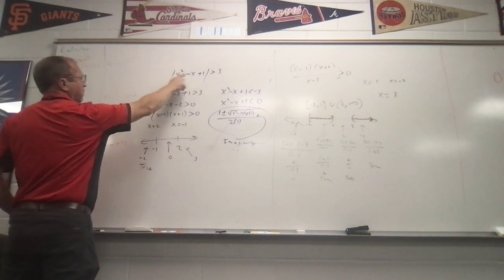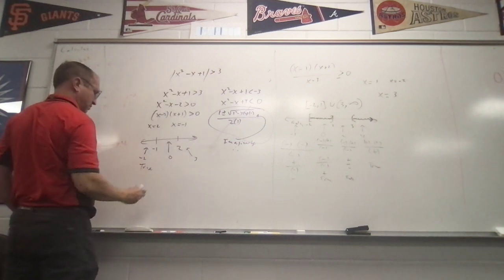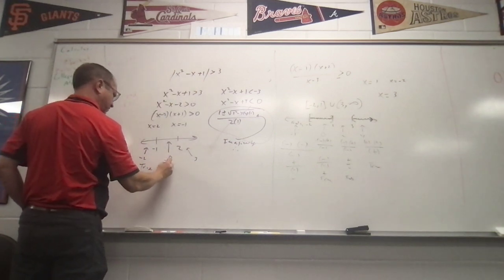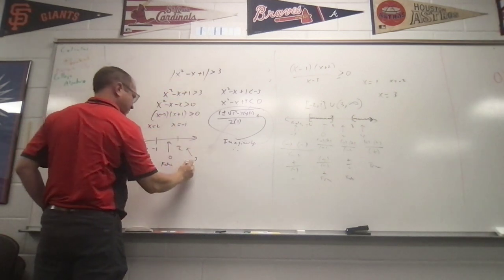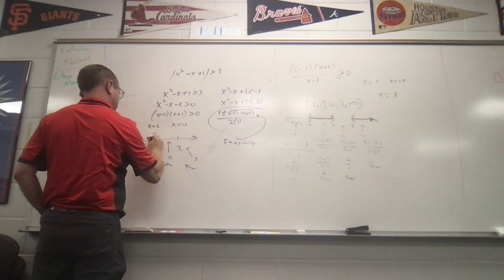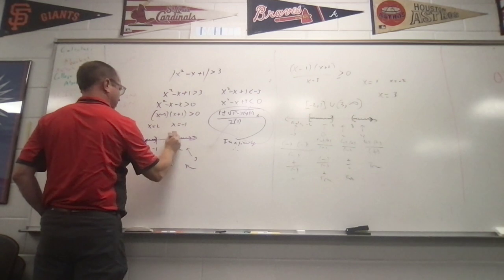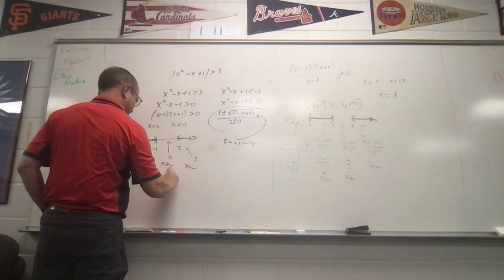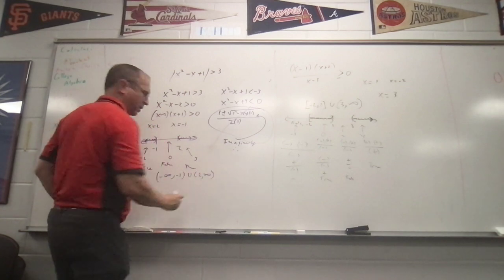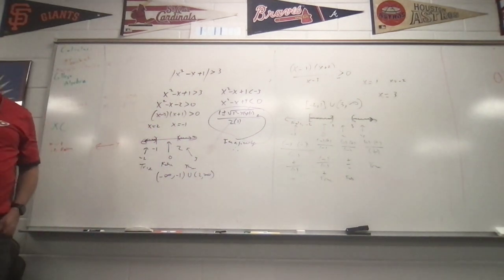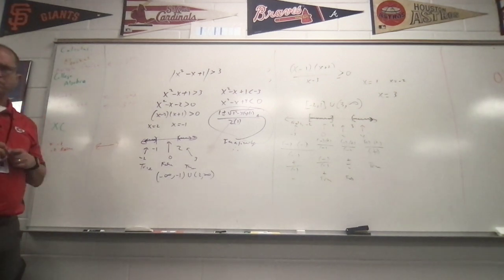All right, 0 minus 0 is plus 1, and then 3, it's going to be 9 minus 3 plus 1, that's positive, so it's true. So we're going to shade these in. Now, this one's not an or equals, so I can go ahead and put the parenthesis here and know that my answer is negative infinity to negative 1 unioned with 2 to infinity. Is there a question about that?